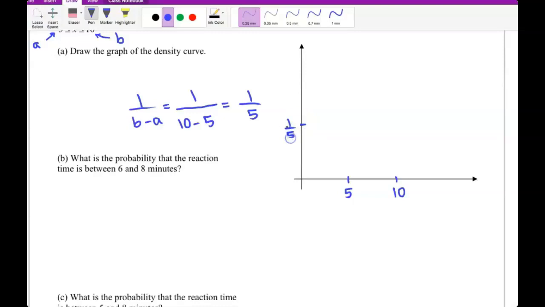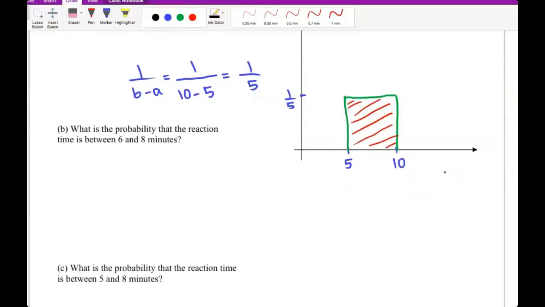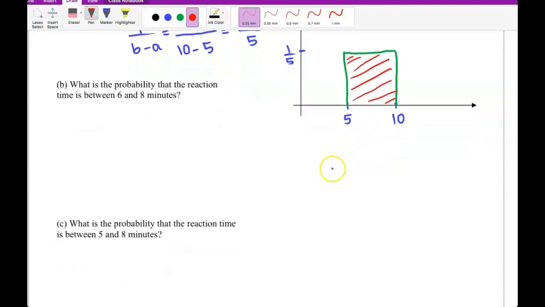That is 1 divided by B minus A. Okay, now drawing it. Here I'm trying to draw a straight line. Okay, so that was part A.